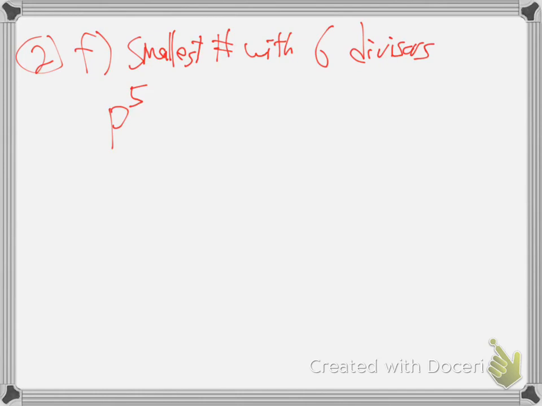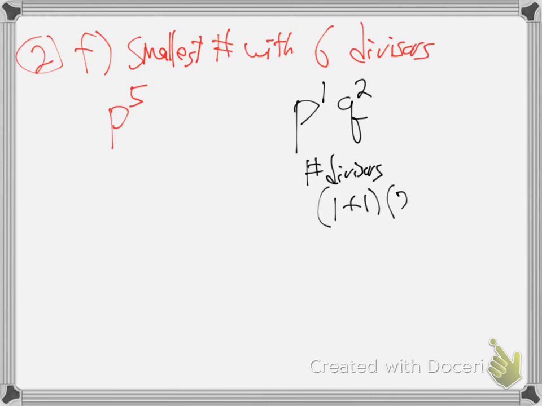You tracking with me? So what's the other way I can use 2 primes? How do you make 6? What powers do I need? 1 and 2, right. Because the number of divisors will be 1 plus 1 times 2 plus 1, 2 times 3, 6, won't it?